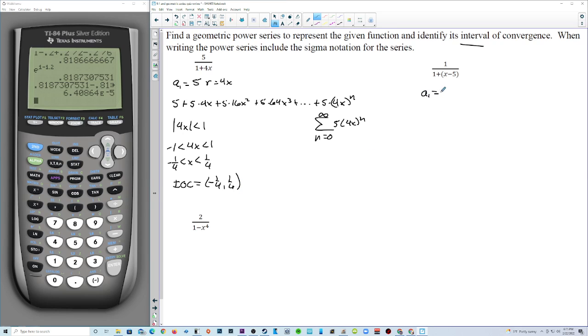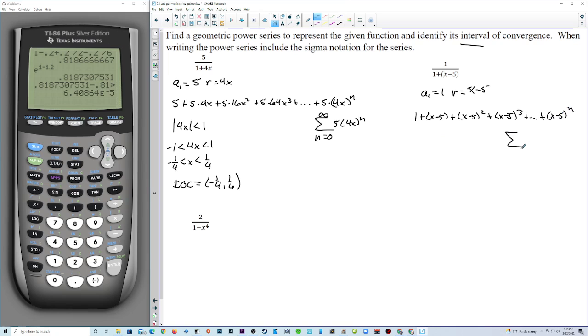On this one, a sub 1 is 1, and then r is x minus 5. So that's going to be 1 plus x minus 5 plus x minus 5 squared plus x minus 5 to the third. Keep on going. So that means it's just x minus 5 to the n, starting with 0.